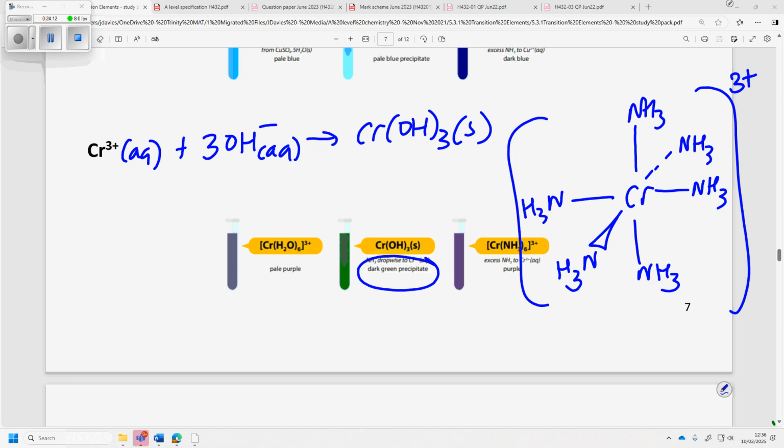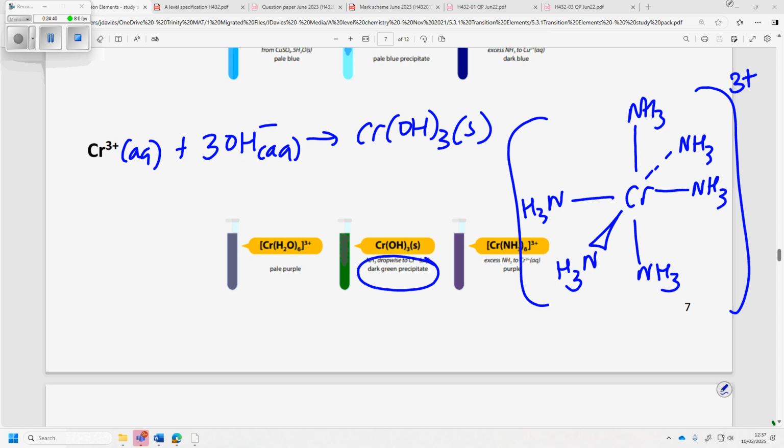What I need you to do now is make some flashcards or some kind of online revision thing to help you memorize colours of solutions, colours of precipitates, and what happens when you add excess ammonia or excess hydroxide and you get the precipitate redissolving.